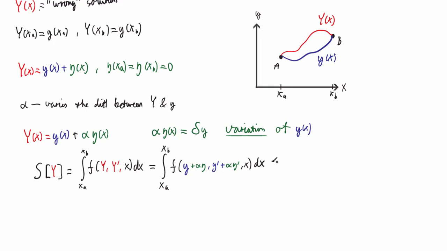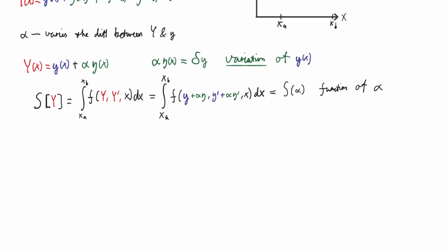And the advantage of doing it this way is that we now have a function of y for sure, but it's also a function of alpha. And that makes it possible now to actually do things that we are used to, like taking derivatives, right? So for instance, we'll end up taking the derivative of this function f in a minute.